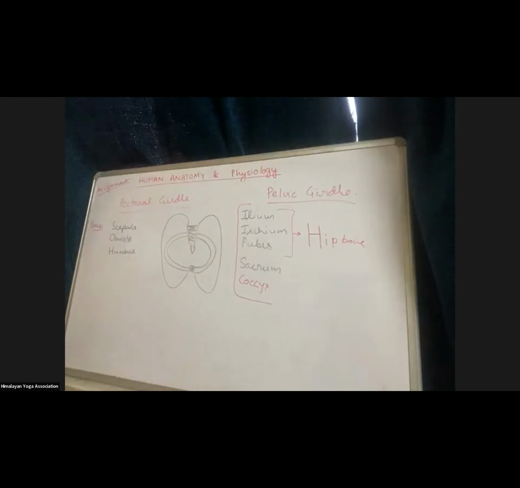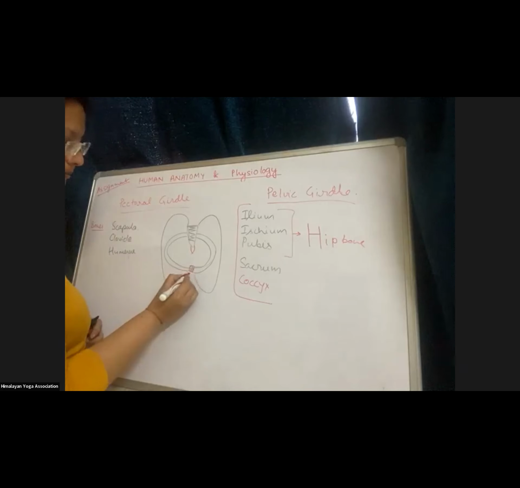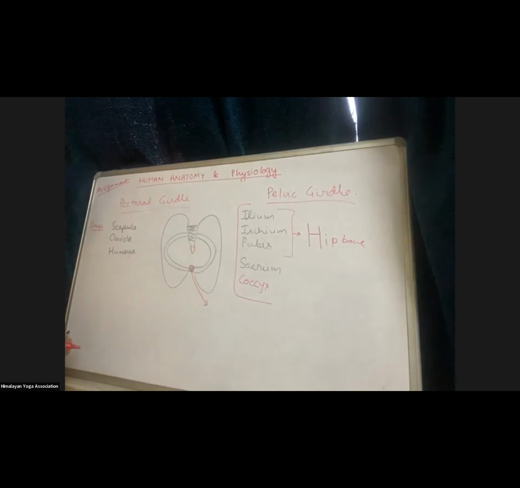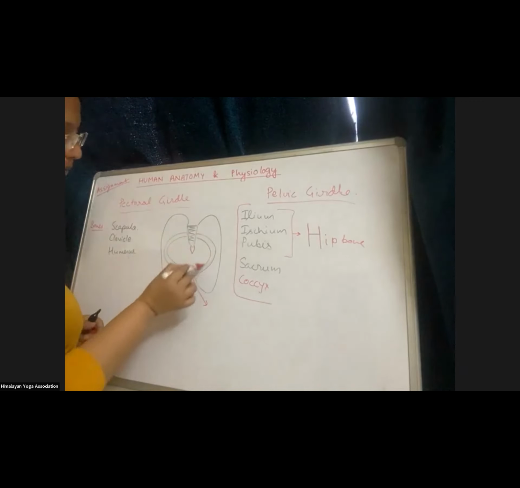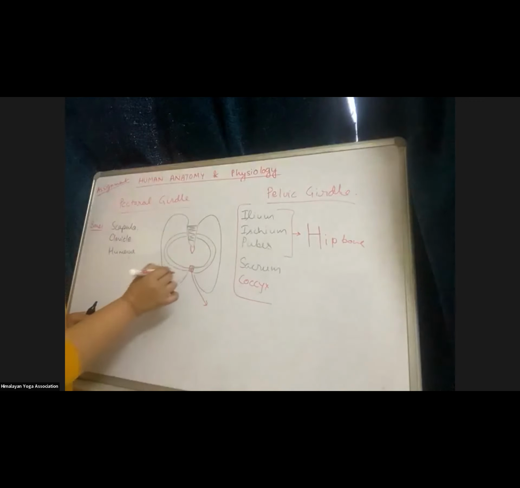So what is this joint called? Here the pubic bone and the pubic bone are attached together, and this joint is called the... You said sacroiliac, but sacro is from sacrum. We have no sacrum here.